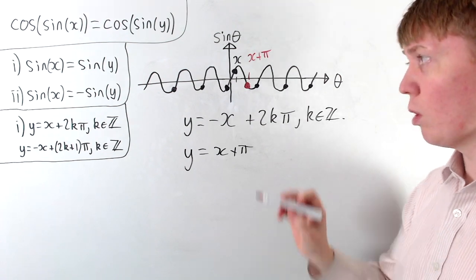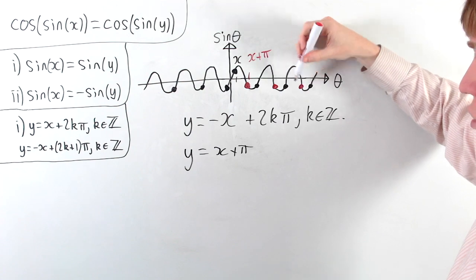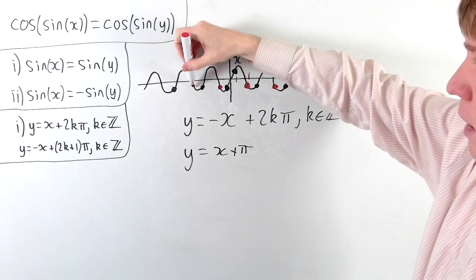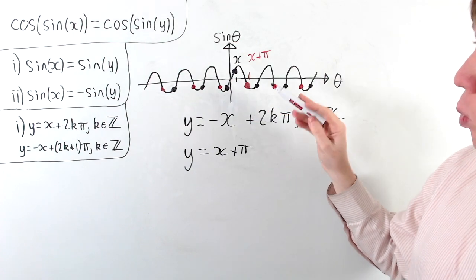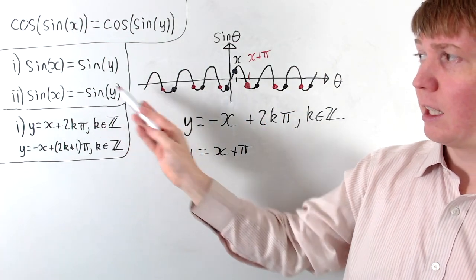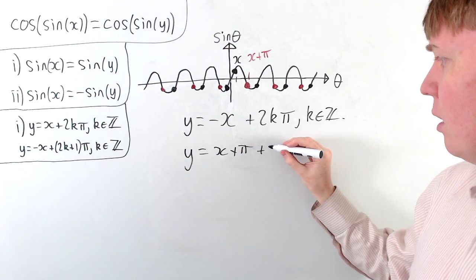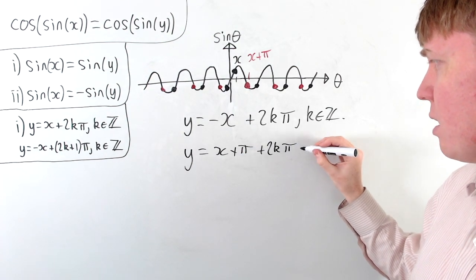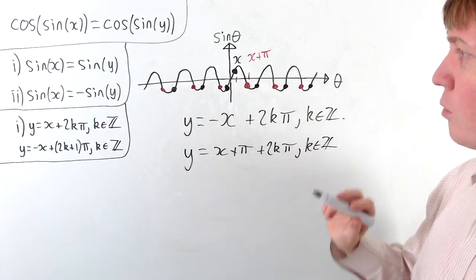And this would also work, and then we could also add any even multiple of pi to this, or subtract any even multiple of pi to this. So now we've got all of the possibilities where y satisfies sine x equals negative sine y by taking x plus pi plus 2k times pi, where k is any integer, just adding any multiple of 2 pi here.